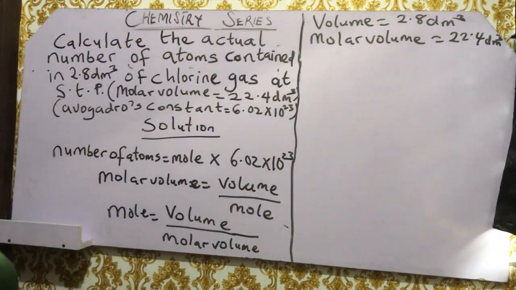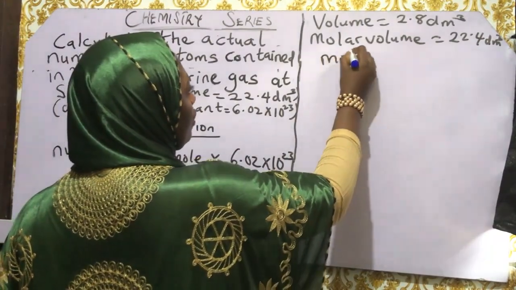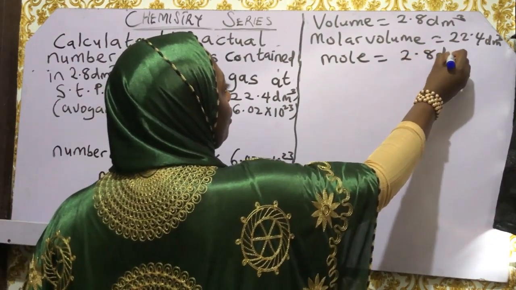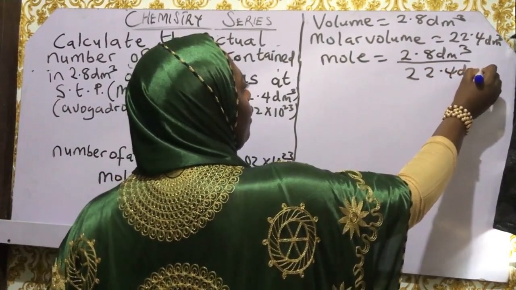So, the mole will be equal to volume divided by molar volume, which is 2.8 dm cube divided by 22.4 dm cube.